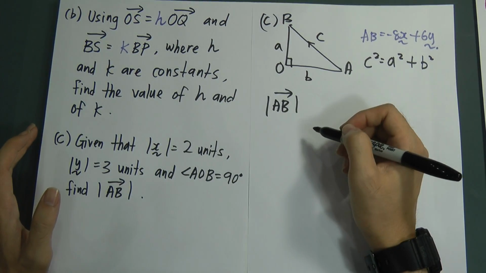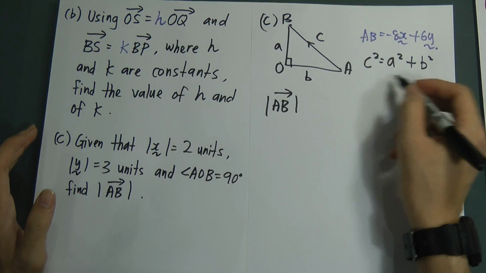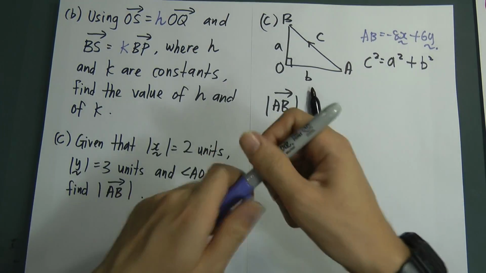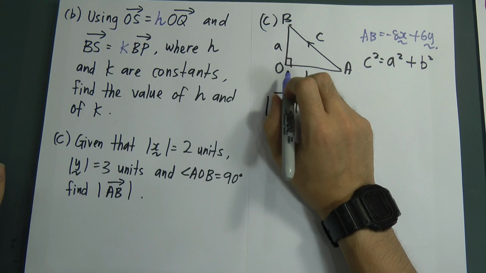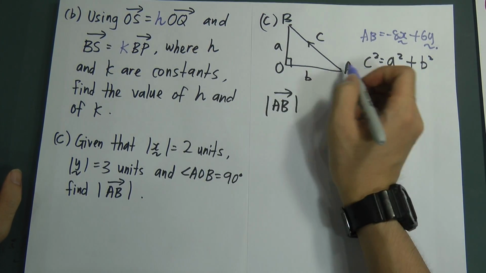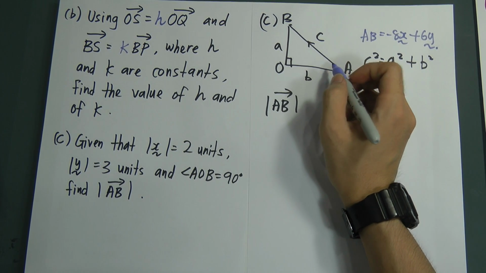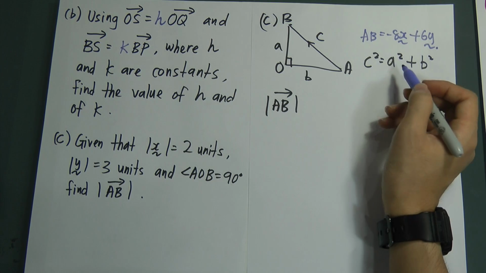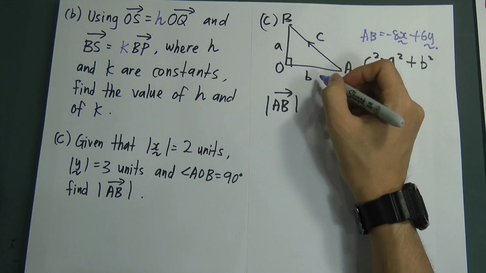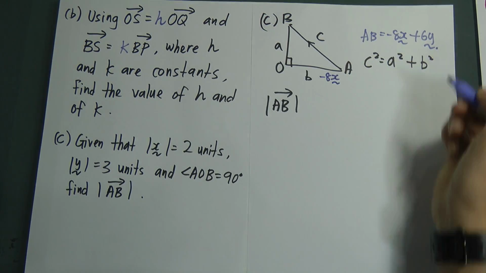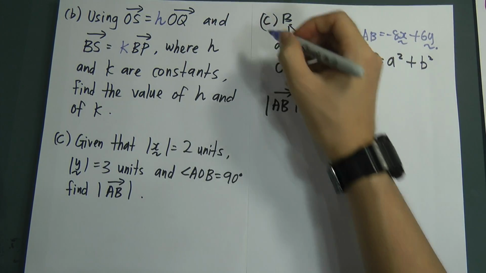So now I'm going to write something like this. We know for OA we will get 8x. But because this is AO, the length over here is negative 8x. And then for OB is 6y.